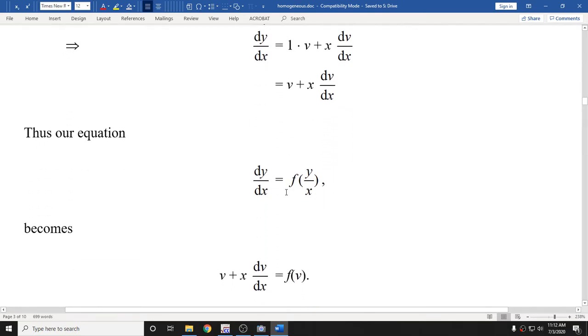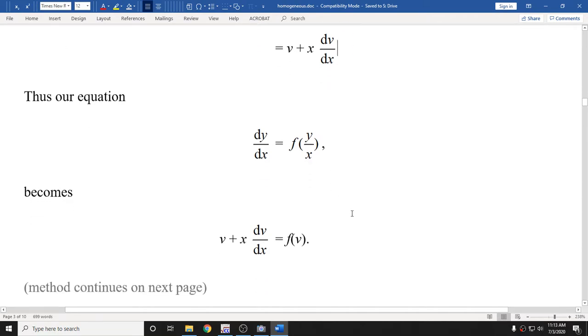So that makes our equation dy dx equals f of y over x become, on the left-hand side, dy dx is v plus x dv dx from our finding, equals f of v.